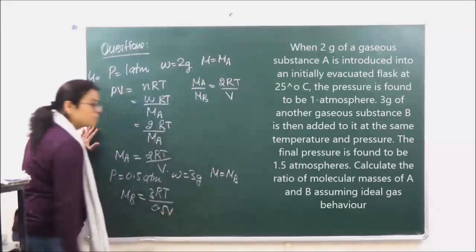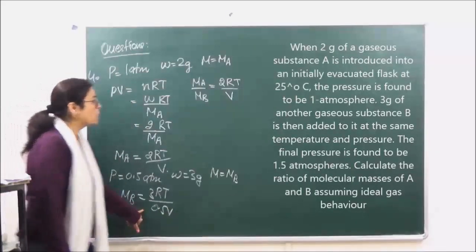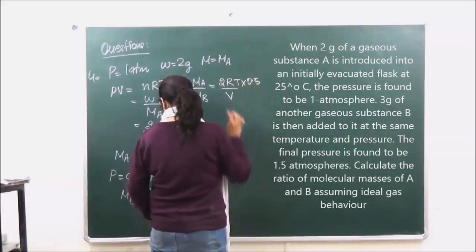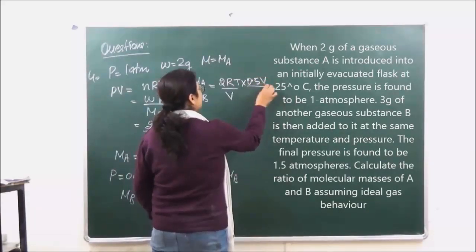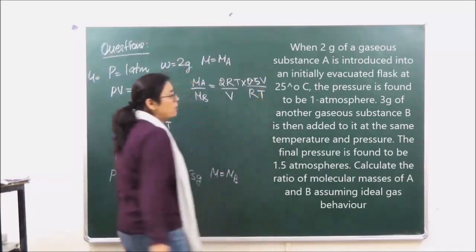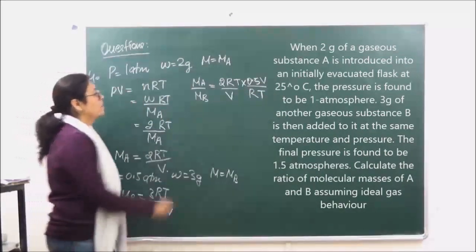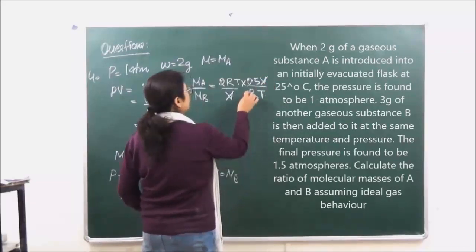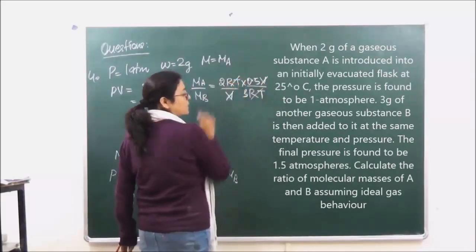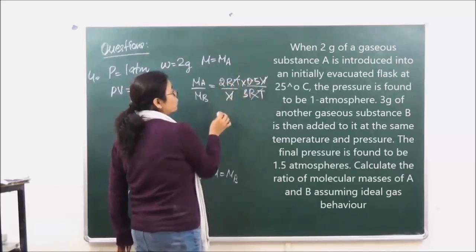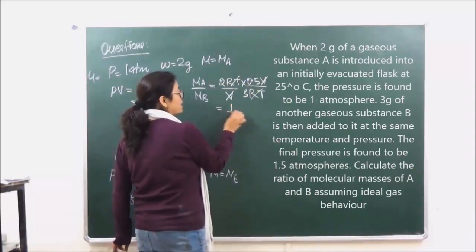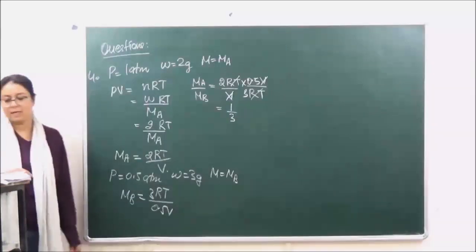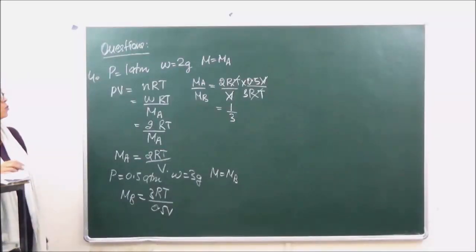This is going to become reciprocal, तो ये आ जाएगा into 0.5 V upon RT, V और V कट गया, and there is also 3RT, RT और RT भी कट गया, so we have 2 5s are 2 into 0.5, that is equal to 1. So what is going to be the ratio of MA to MB? It is going to be 1:3.